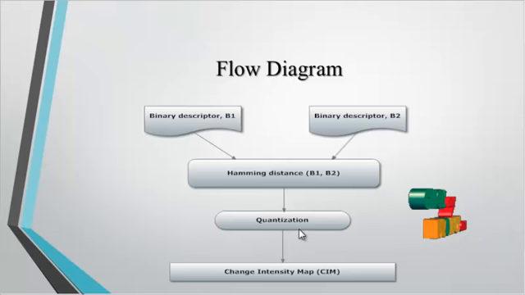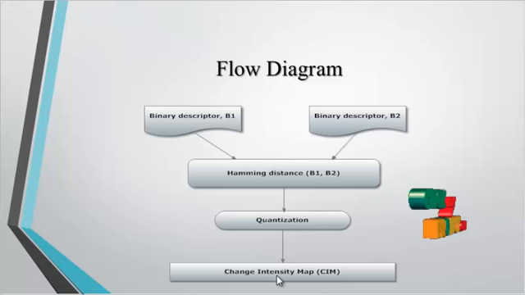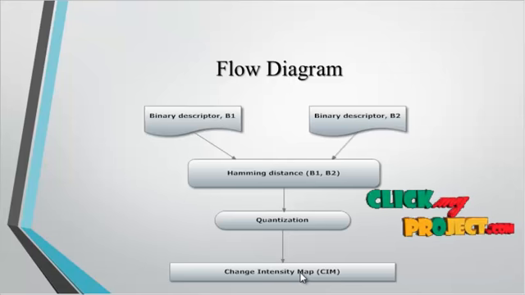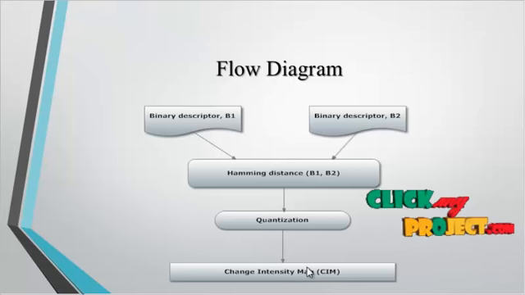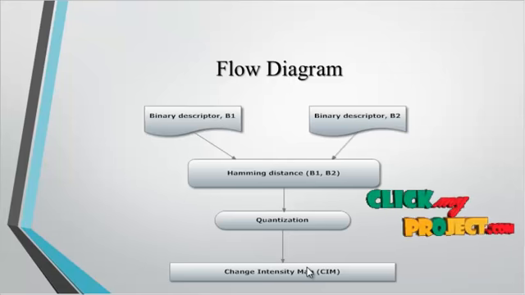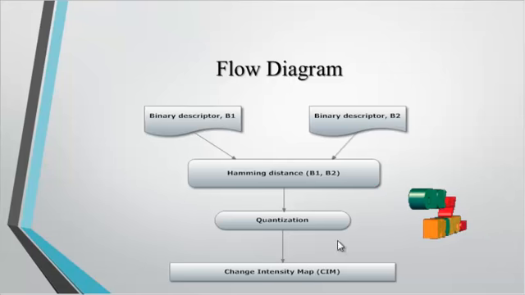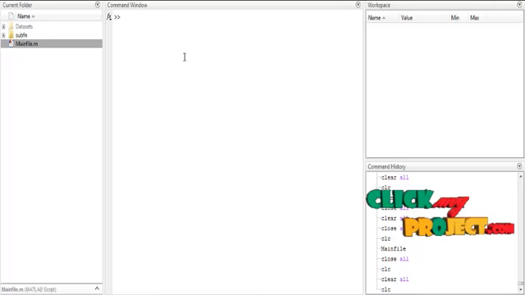Then the quantized image undergoes the process of CIM. CIM stands for change intensity map. In the change intensity map, we classify the areas that differ from one image to another image. After the change detection, the estimation parameters such as the accuracy of the process and the correlation between the two images are calculated.